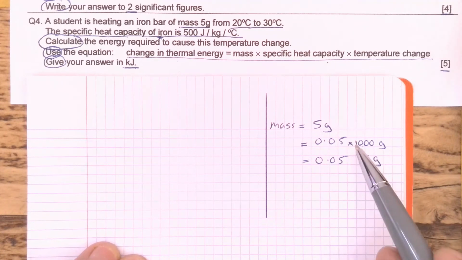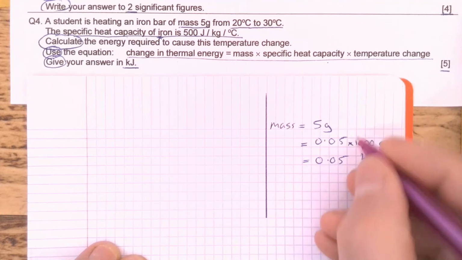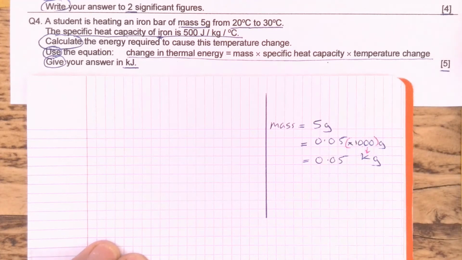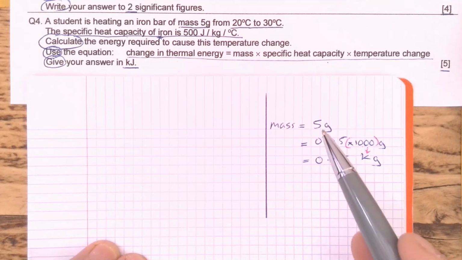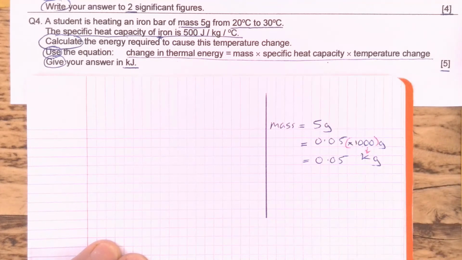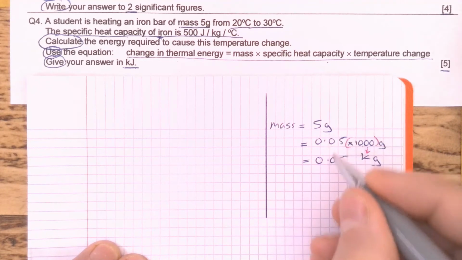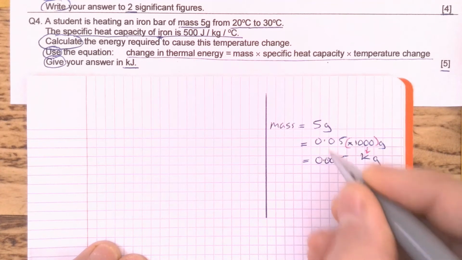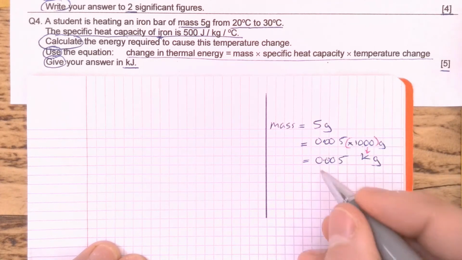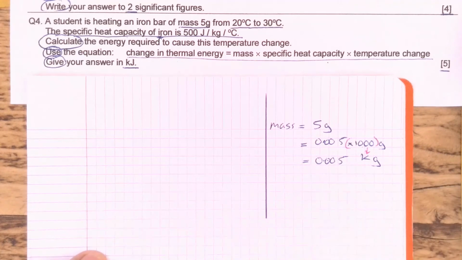You don't have to write the times 1,000 down; it's just to remind me that K means times 1,000. Whenever I see K, I'll replace it by times 1,000 in my head, and I can check quickly. That's an easy mistake to make: I wasn't copying off my calculator properly, rushing. 0.005, there should be 2 noughts there. Okay, so that's my mass.